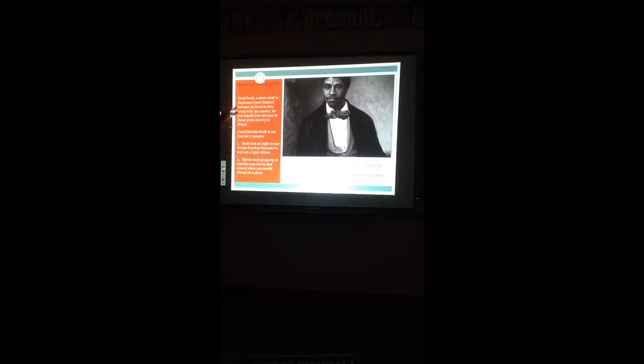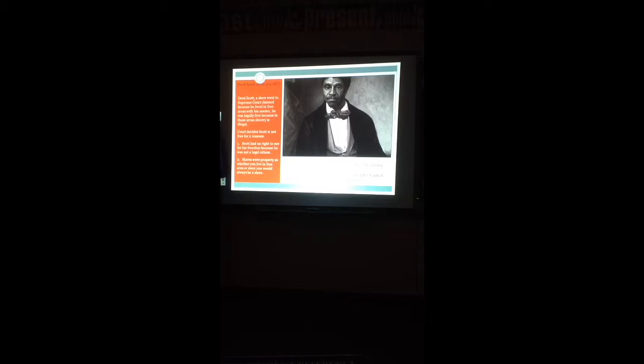So the court hears Dred Scott's argument, and they go to chambers and they review the case, and they come back with the decision: he is not a free man. And they give two arguments or reasons for their decision. The first is that Scott had no right to sue for his freedom because he wasn't a legal citizen. You see, slaves did not have citizen rights.